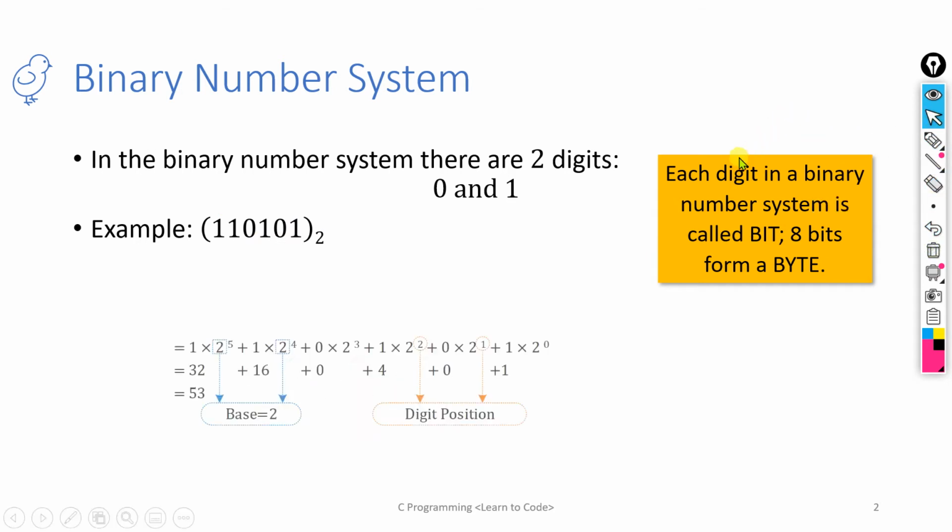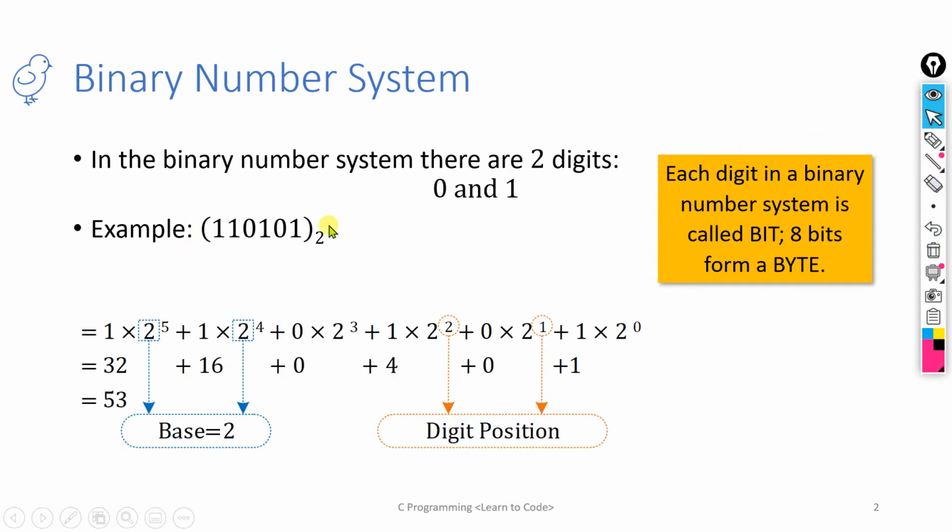Here I am just trying to execute what I have already told you. You can see these are the positions as per the previous discussion. This is the 0th position, this is the 1st position, this is 2, this is 3, this is 4, and this is the 5th position.